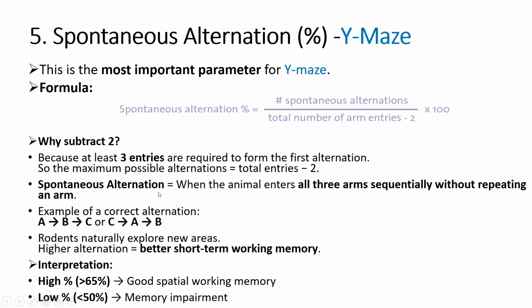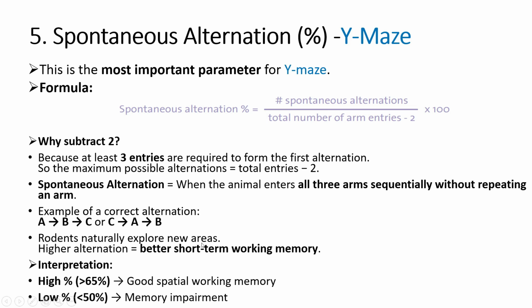Spontaneous alternation is when the animal enters all 3 arms sequentially without repeating an arm. Examples of correct alternation: A, B, C or C, A, B. Here the animal is not repeating the same arm again.